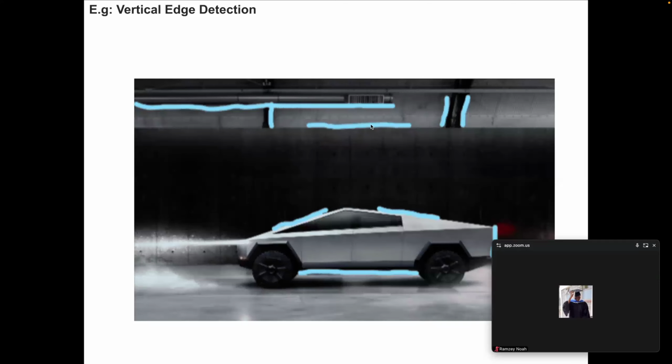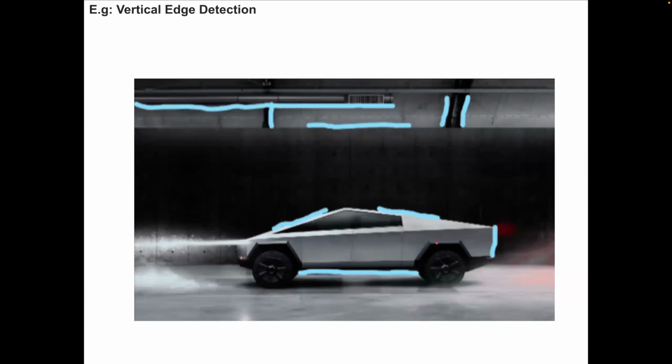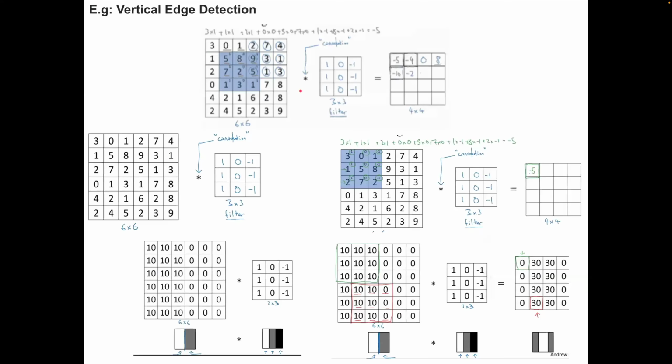And then the example which I explained with vertical edge detection. So we want to find the edge of an image, for example. A very simple thing you can do is just get an edge detection filter. We apply this filter on this image.